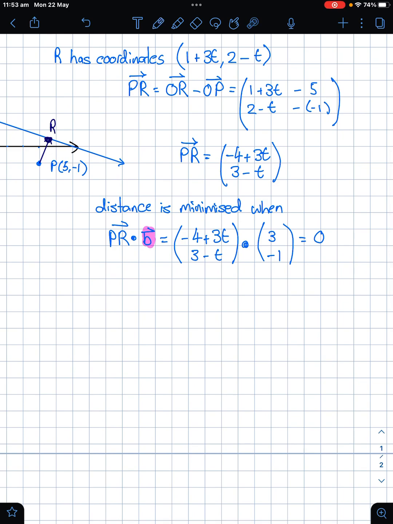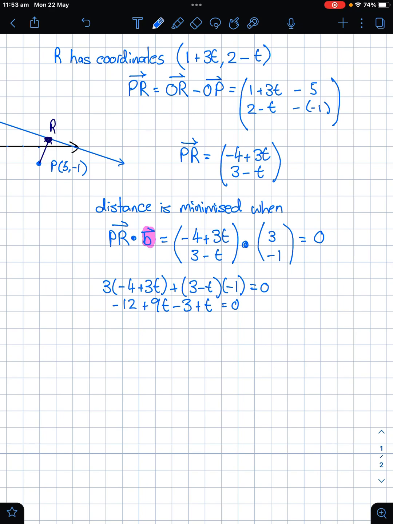So the dot product on this left-hand side is going to be 3 times (-4 plus 3t), plus (3 minus t) times -1. And we want this to equal 0 here, which now we've got -12 plus 9t minus 3 plus t equals 0.